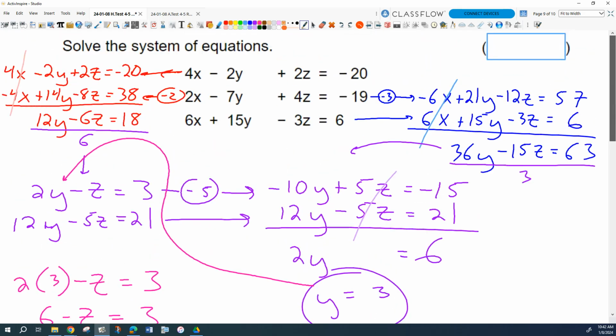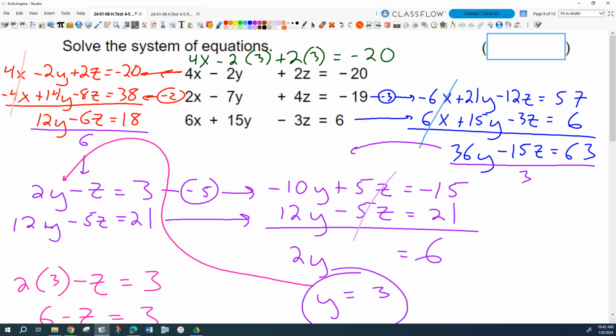Now what? Plug them both into any of the original ones. How about the top one? That looks pretty simple, right? So if we plug those values into the top one, we're solving for x. So 4x minus 2 times 3 plus 2 times 3 equals negative 20.